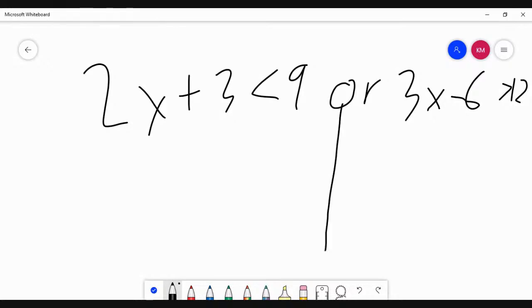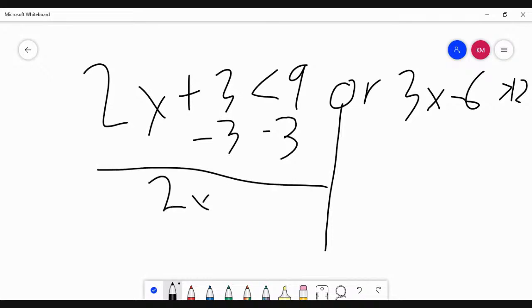Correction on the second one. Still solve them the normal way. Minus 3 on both sides to the first one gives me my 2x is less than 9 minus 3, that's 6. Divide by 2, divide by 2. X is less than 3.